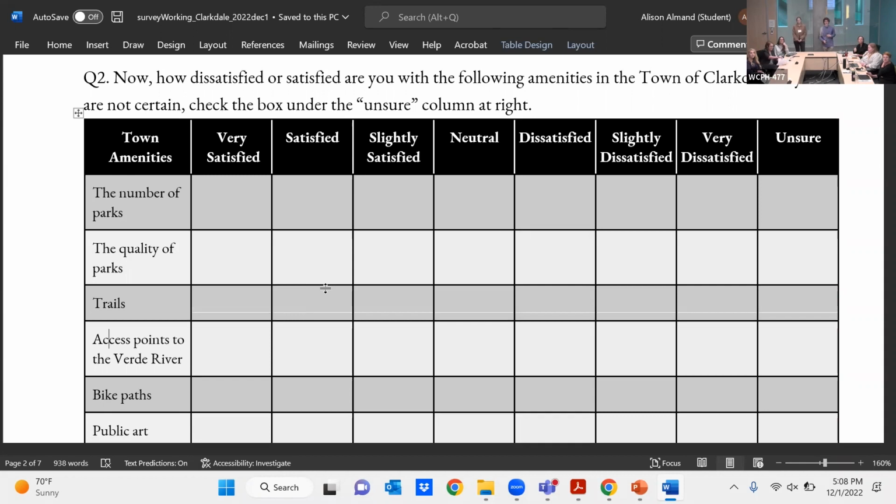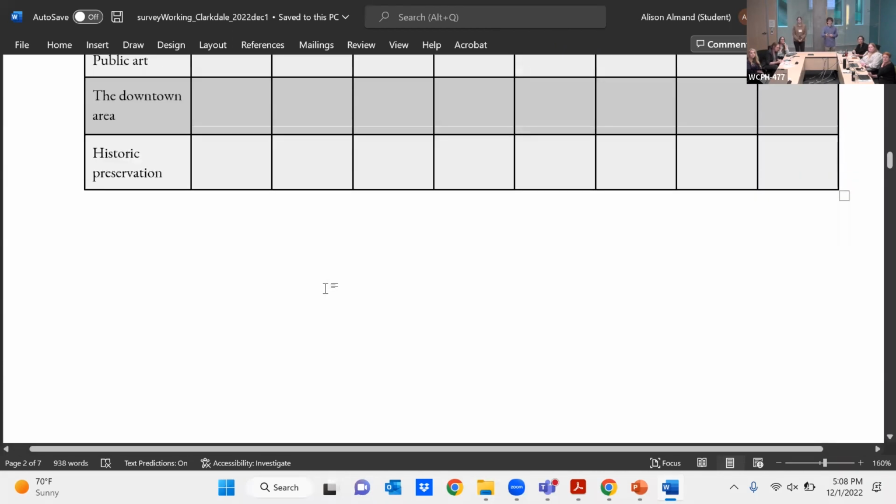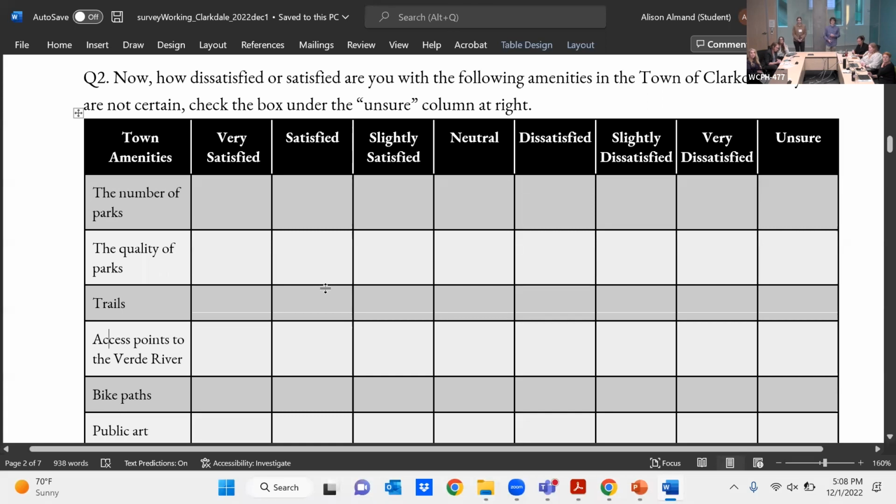So: number of parks, quality of parks, trails, access points to the Verde River, bike paths, public art, and a few more, like the downtown area and historic preservation. Each of these will have an option for unsure. If they don't want to answer, or it doesn't apply to them, say they don't use the trails often or don't have a bike, they would just choose unsure.